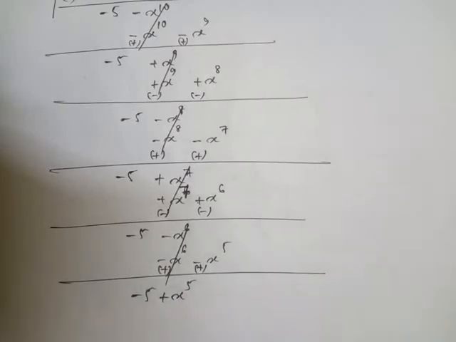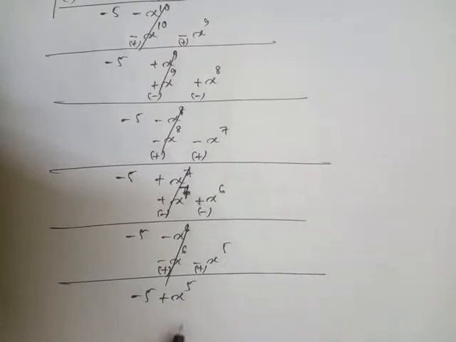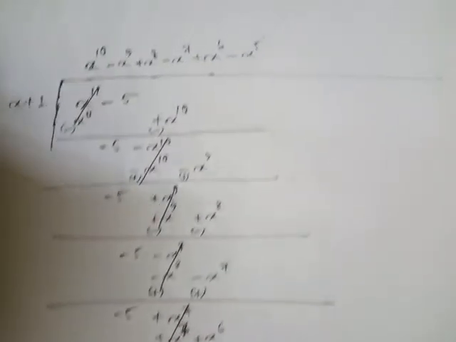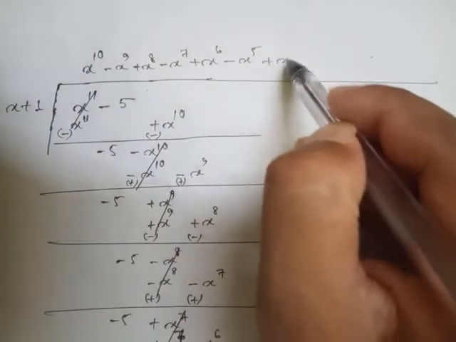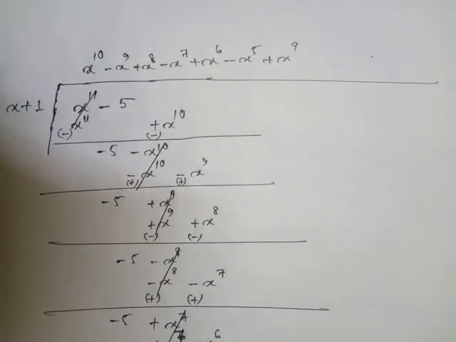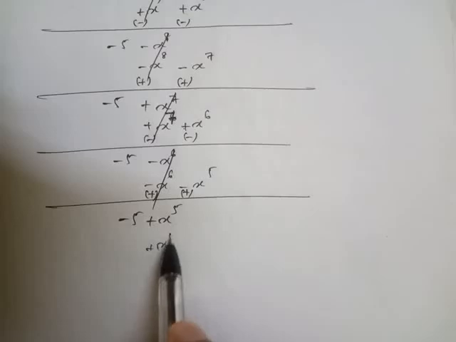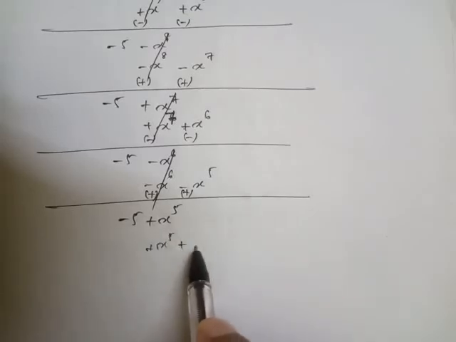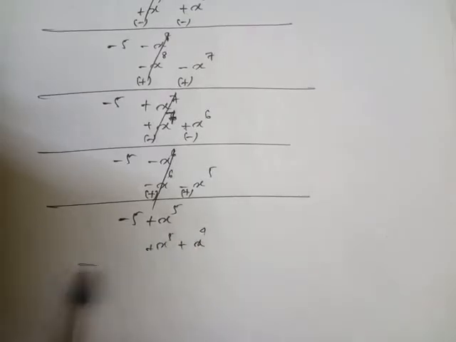In the next line after that there is x to the power 5 and there is only x, so we'll put the value here: plus x to the power 4 into x, which means here plus x to the power 5, and with 1 after multiplying, x to the power 4 remains.